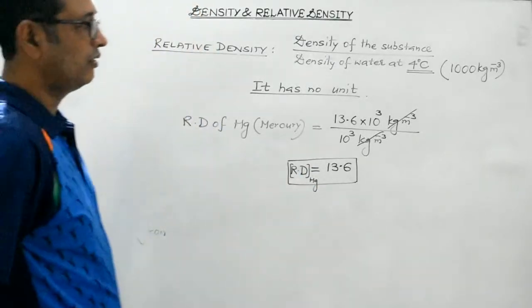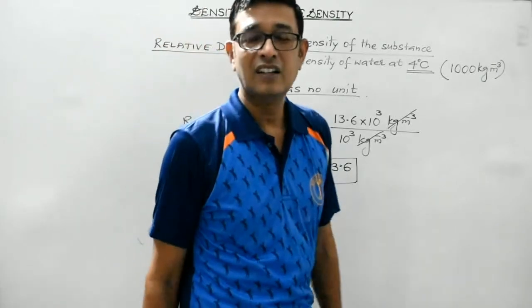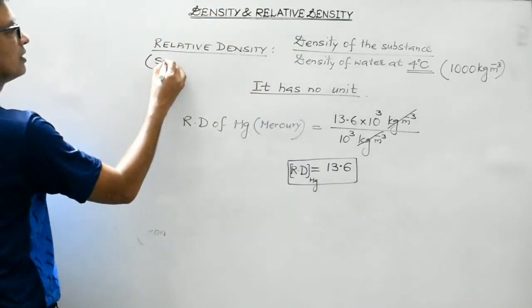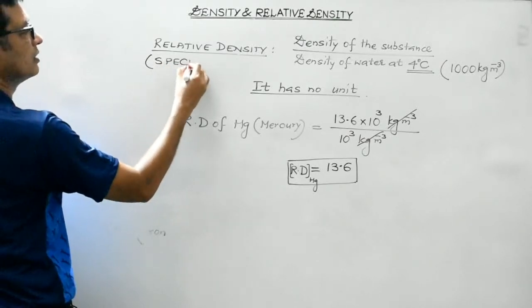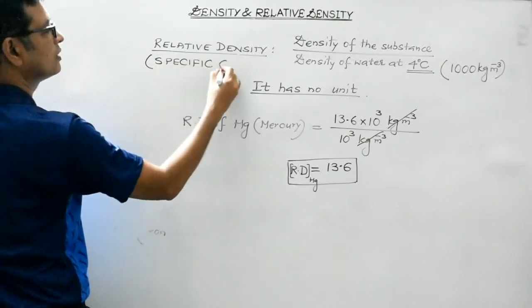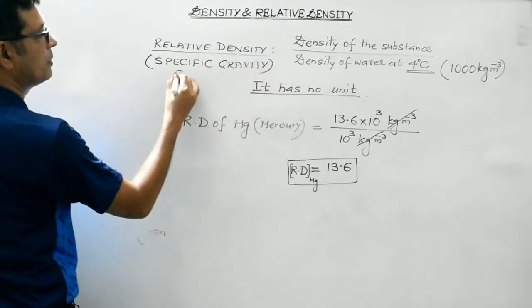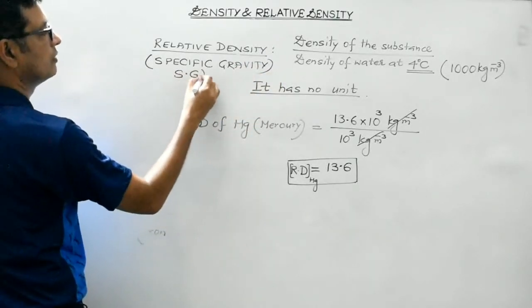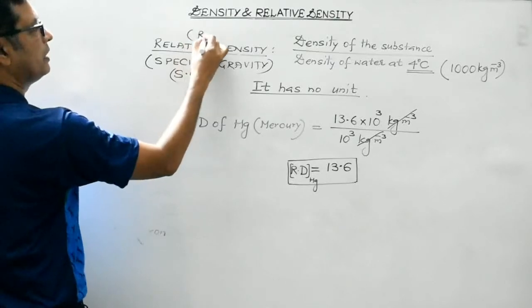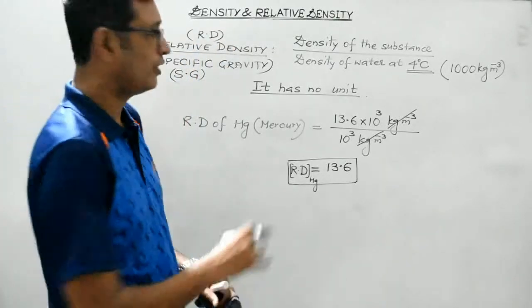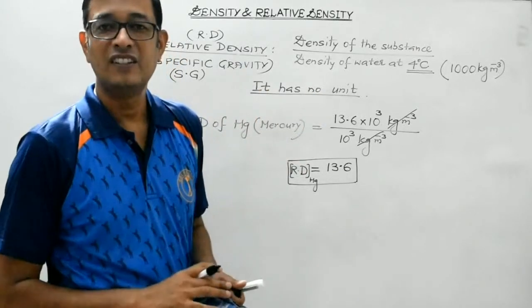One more thing we need to discuss is that the relative density of a substance is sometimes also known as specific gravity. It may be represented by Sg, and relative density may be represented by Rd. I hope you have understood this concept, students.